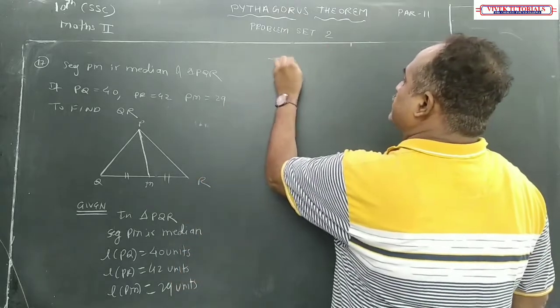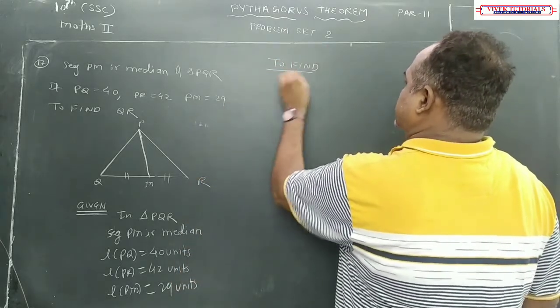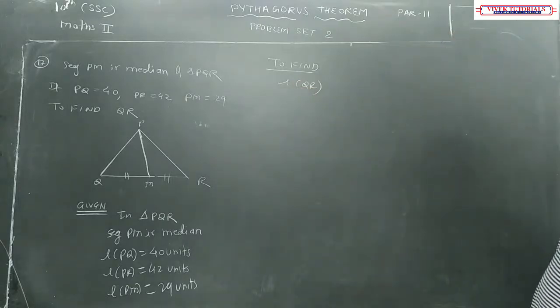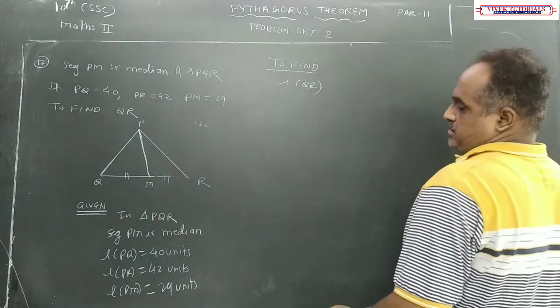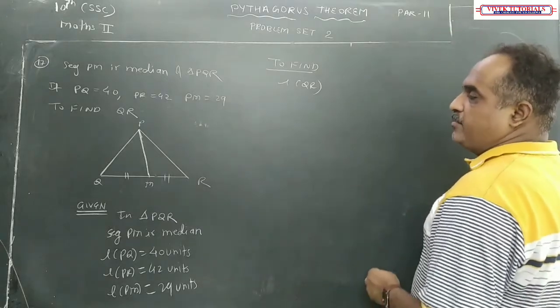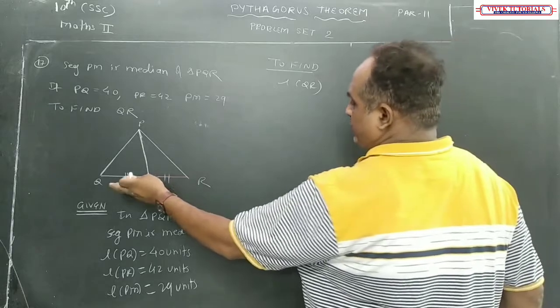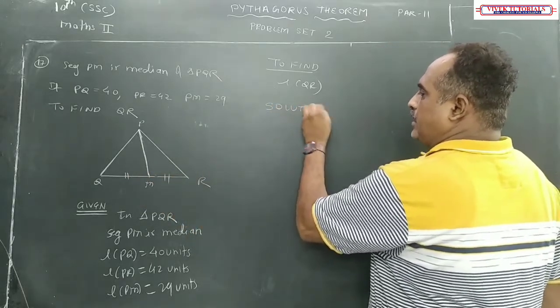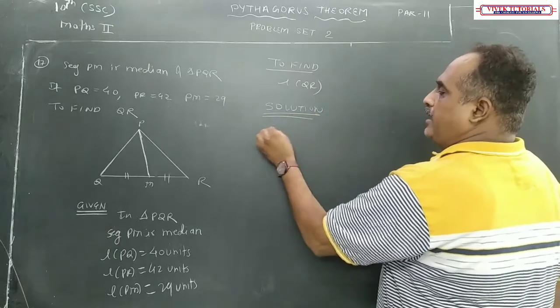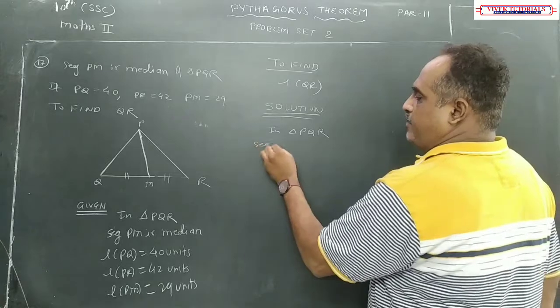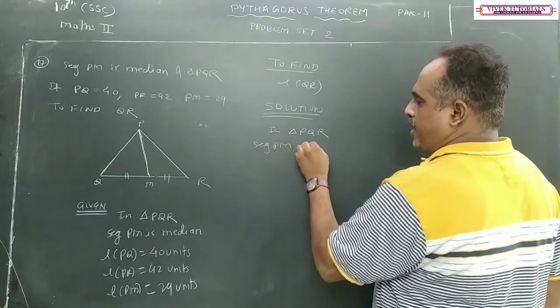And what they are asked to find is length QR. So I think we can apply this Apollonius theorem properly. We get the value of QM first to find out. Solution. In triangle PQR, segment PM is median.